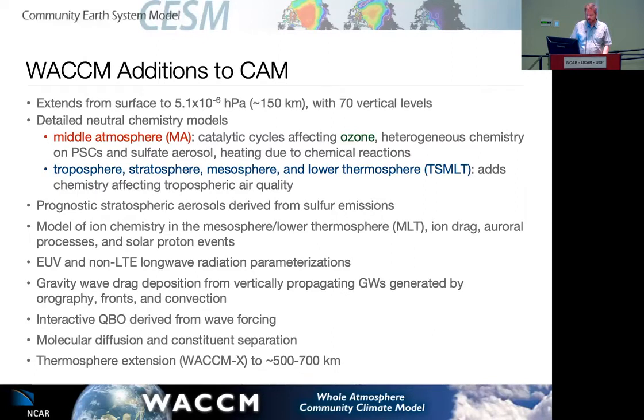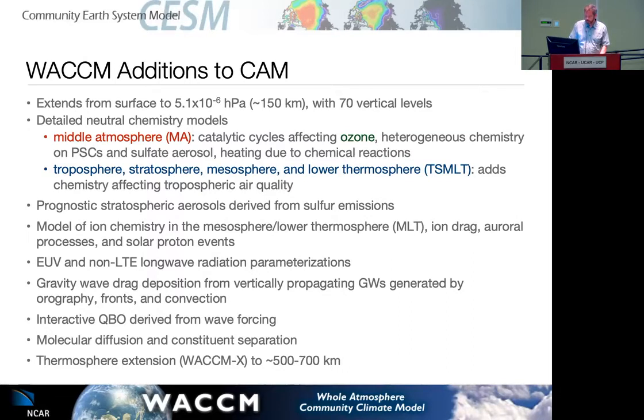We have extreme ultraviolet light, which penetrates into the upper atmosphere, and we have non-local thermodynamic equilibrium, which is important once you get up into the mesosphere, because the radiation behaves differently up there than we assume in the lower atmosphere.